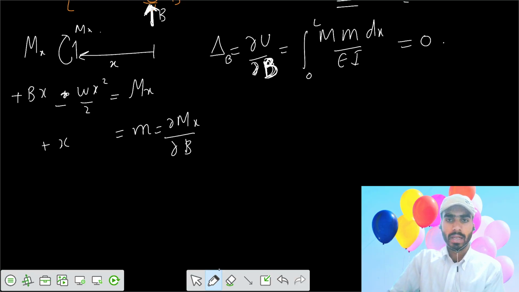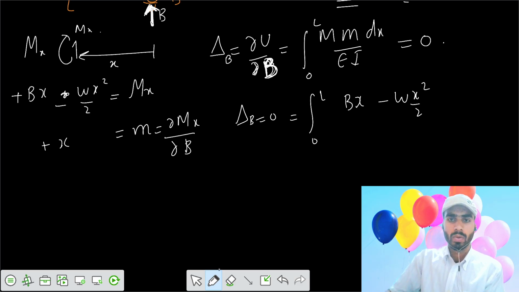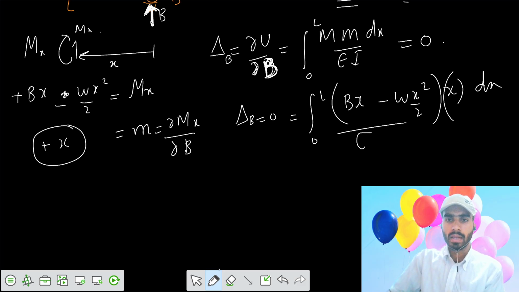So delta B equals to 0 equals integral 0 to L of moment, Bx minus wx square by 2, multiplied with your value of m, that's x, then dx by EI.